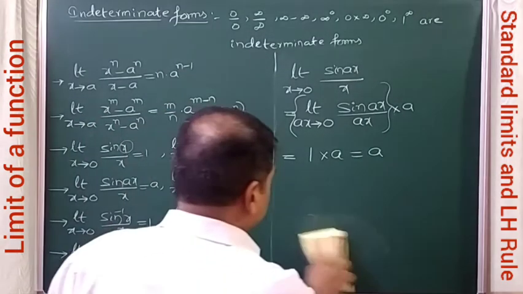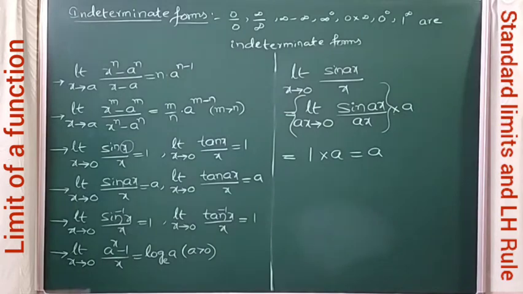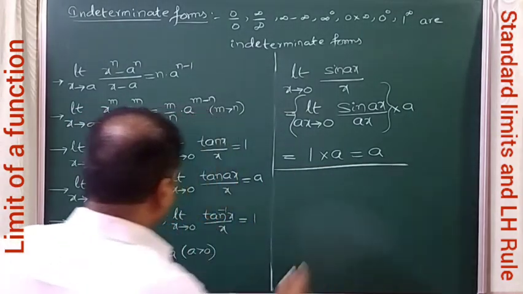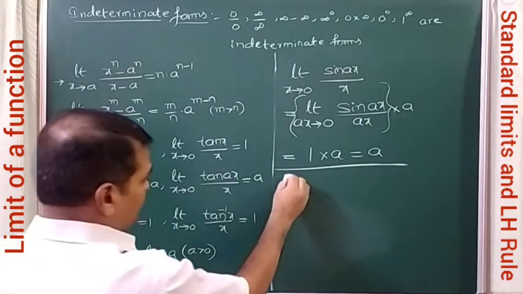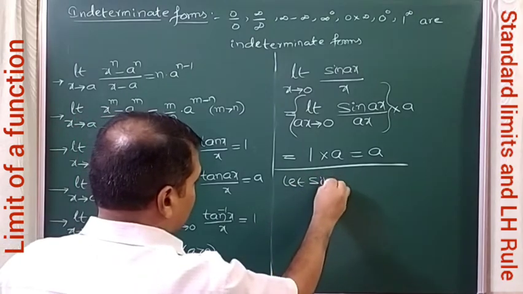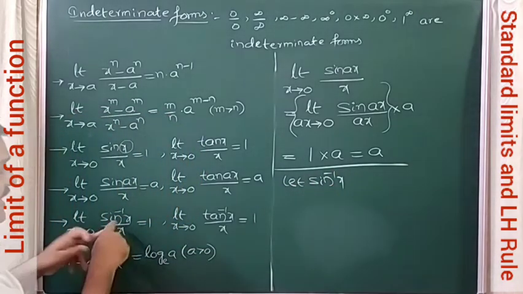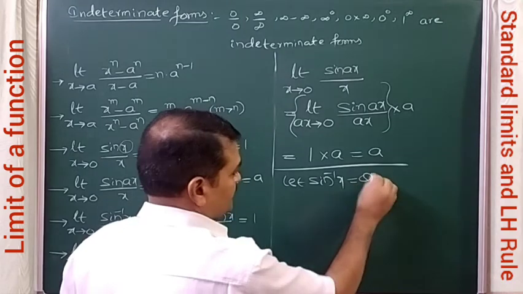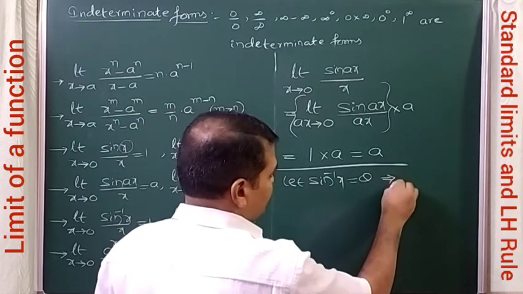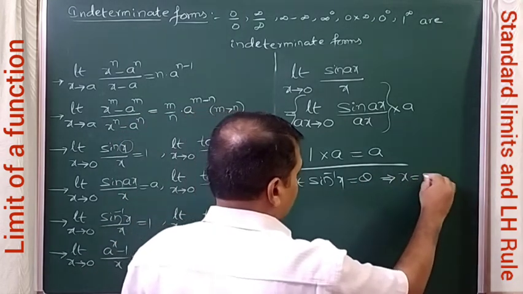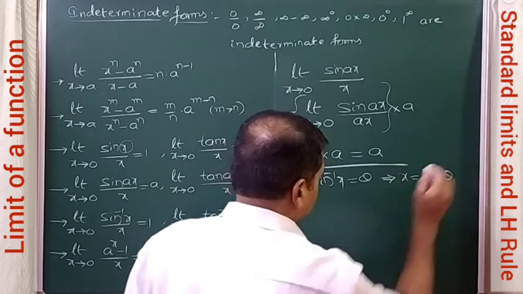So for example, to get the proof of this one, I will take sin inverse x as some theta. So sin inverse x is theta. Then x becomes sin theta.